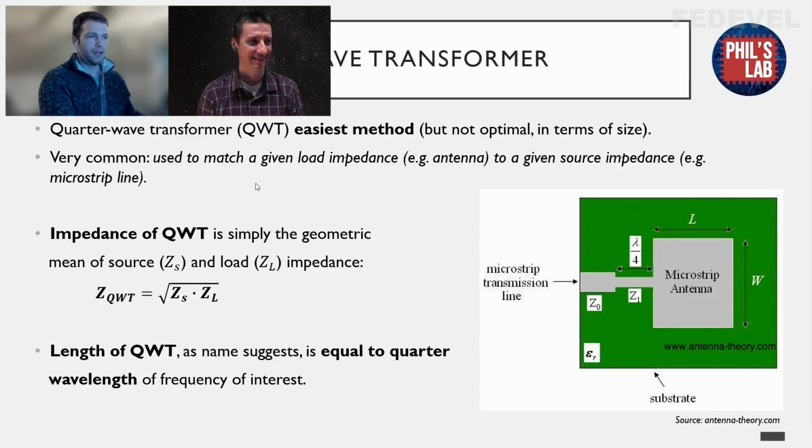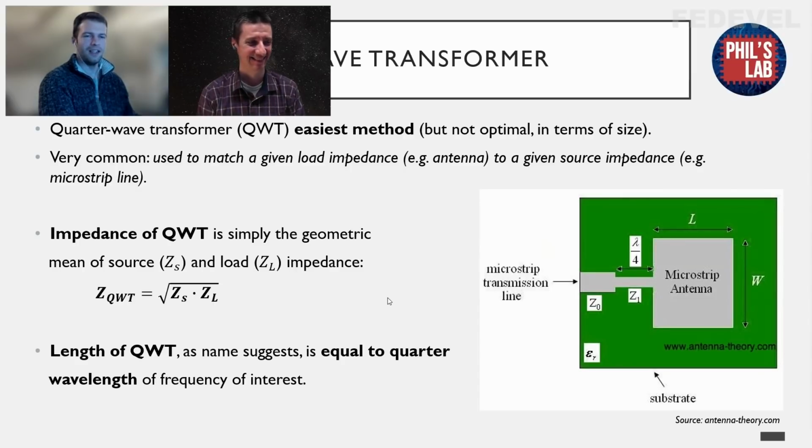The basic information is what you need to know. You need to make it lambda over 4, so the wavelength over 4, again calculating the wavelength using the effective permittivity. And then apparently the quarter wave transformer needs to have a characteristic impedance of this trace, which is the geometric mean of the source impedance and the load impedance, so the square root of the product. Oh, there is something hidden in it.